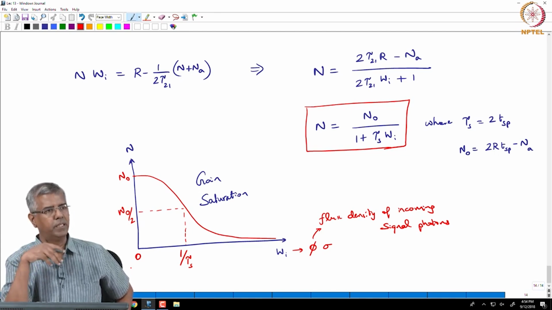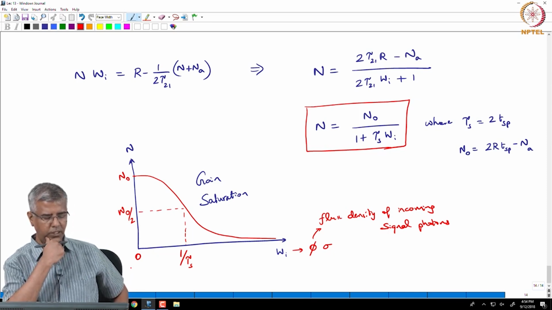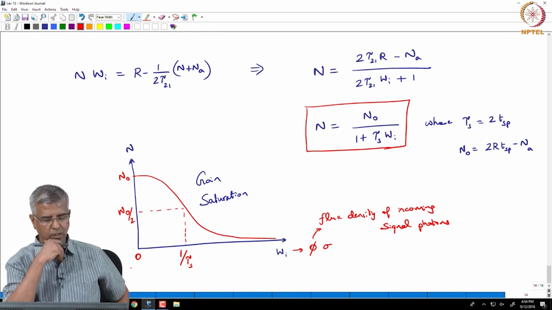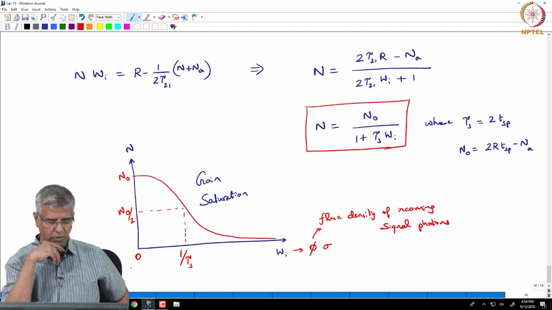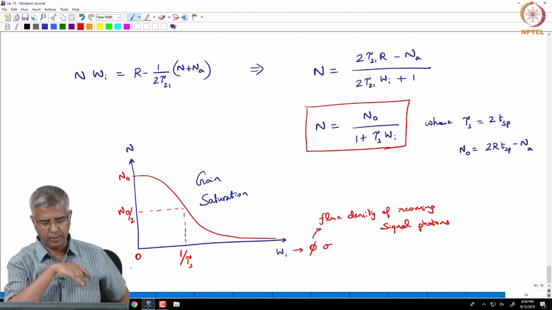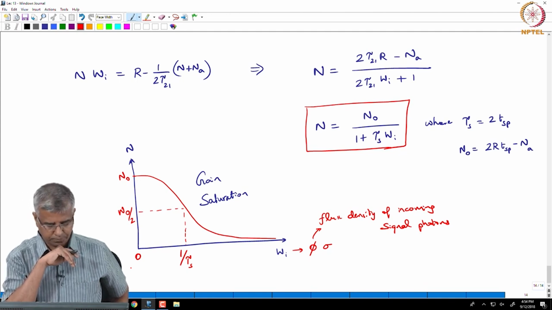So, the inversion decreases, and there is one particular point at which the inversion becomes half of what it was when there were no signal photons. That is what we denote by n naught over 2, and the corresponding rate is given by 1 over tau s.